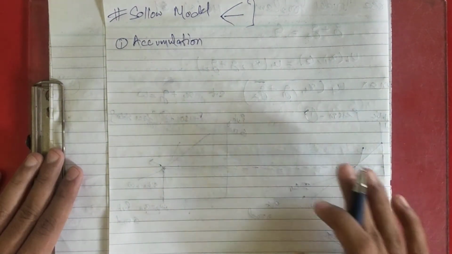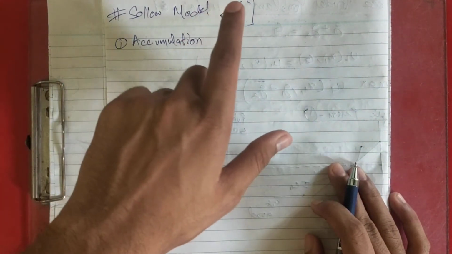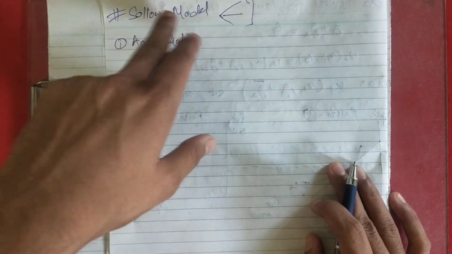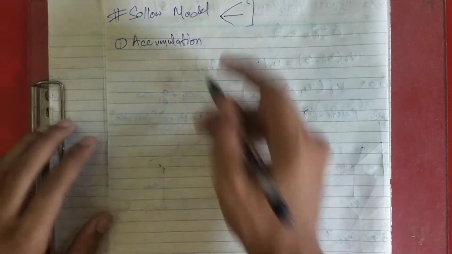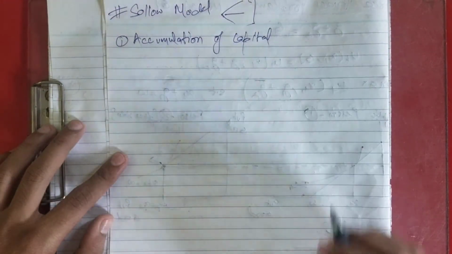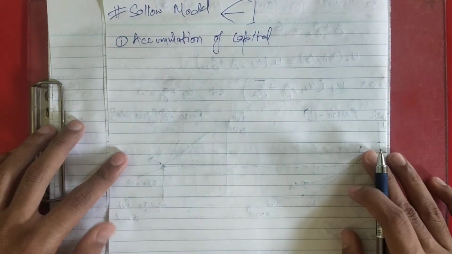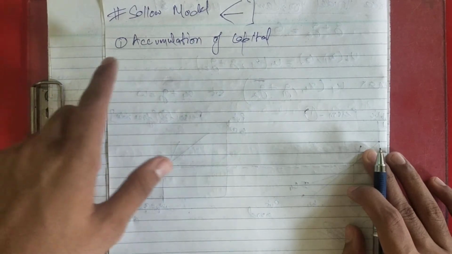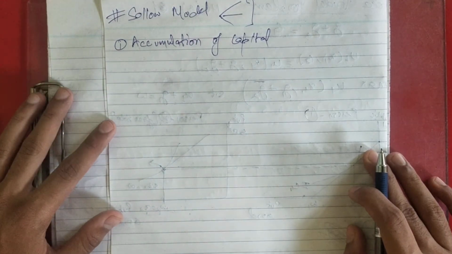It is an important point that whichever pillar you are studying, you have to keep the other two parts constant. If you are studying accumulation of capital, you keep labor force and technology fixed.